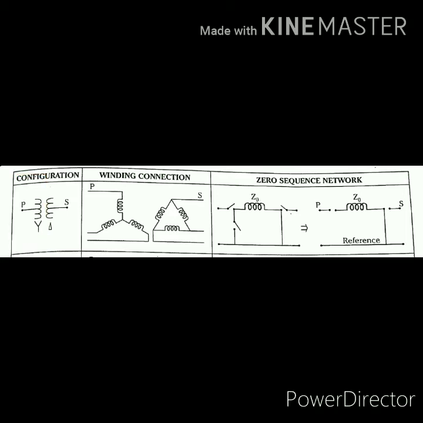So since it is not grounded, that side series switch we will keep open. So that side you can see it is kept open in the zero sequence network. Now we will move on to the delta, the secondary side. Secondary side is delta. So when it is delta, that side shunt switch is closed.